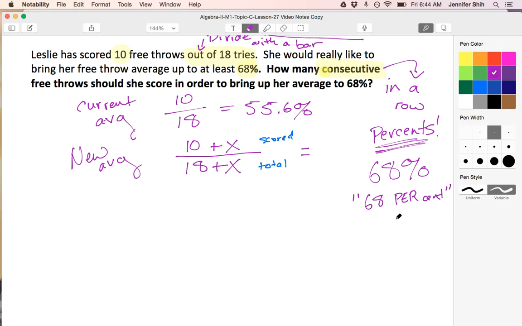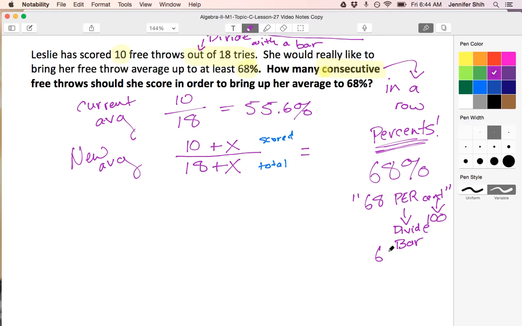And the reason why that's significant in my brain is because per is another one of those words that means division, or it means with a fraction bar. So I'll draw a fraction bar whenever it says per in one of my word problems. That's how we translate word problems into math language. And cent, like century, means 100.